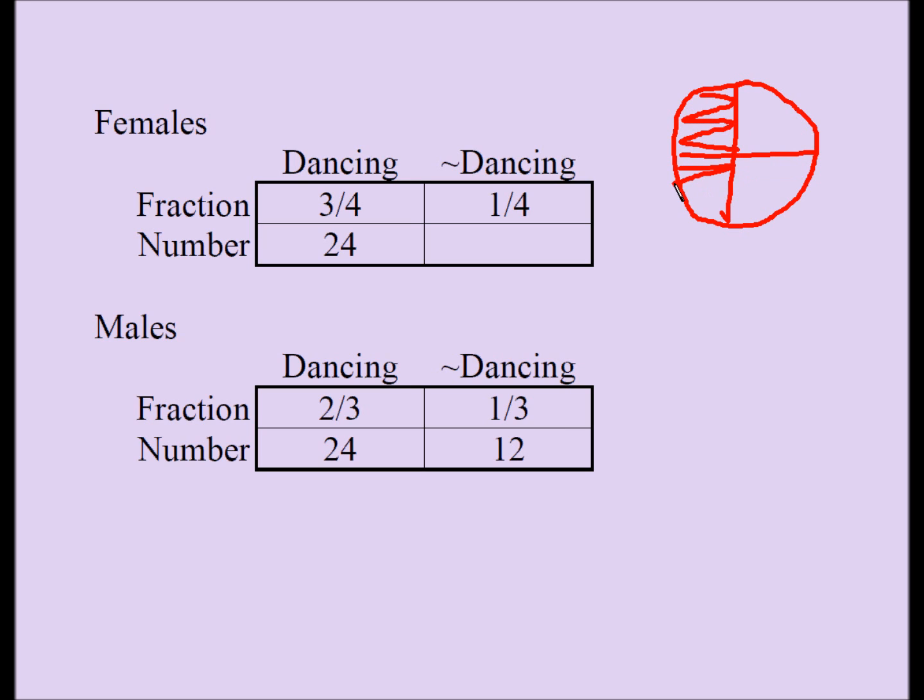This is 1/4, 2/4, 3/4. All this is 24. I have 3 equal pieces here that are equivalent to 24. So each piece has to be 8, because 8 times 3 is 24. What should this be? 8. And that tells me the answer is 8.